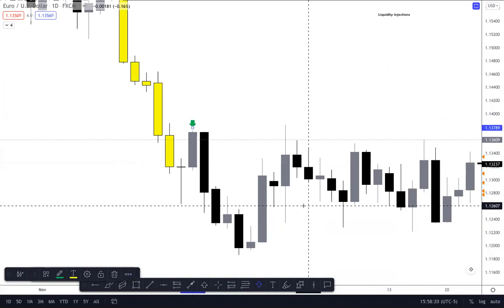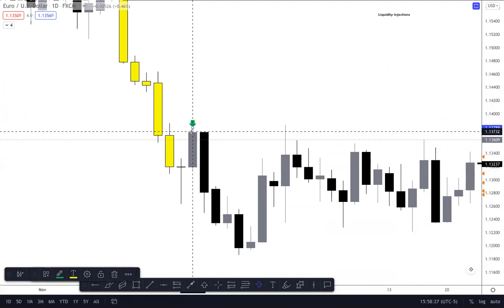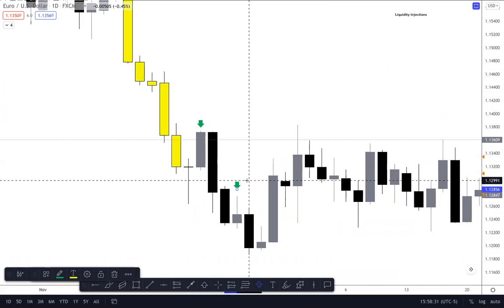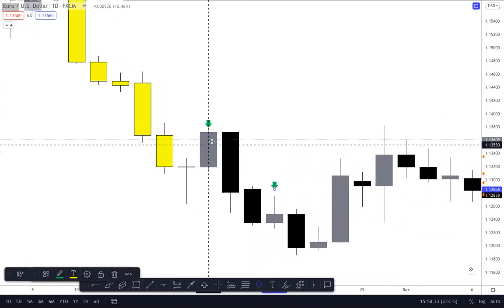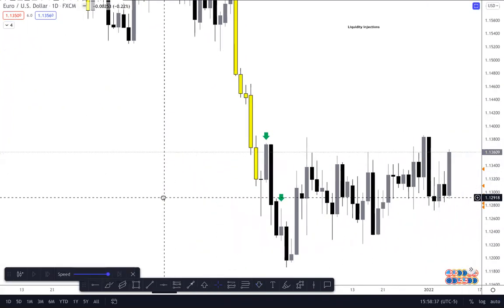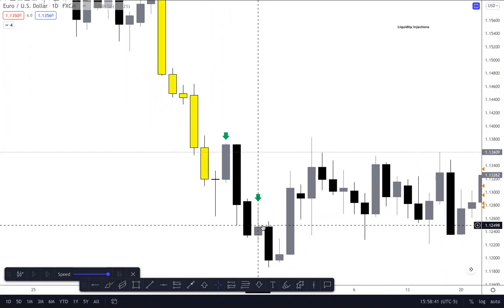In this case, the first candle after this imbalance is a bullish candle, right? Understanding that our first candle was a bullish candle, we now want to see our injection end with another bullish candle. So whatever we start with is what we must end with. Because we started with a bullish candle, we must end with a bullish candle.